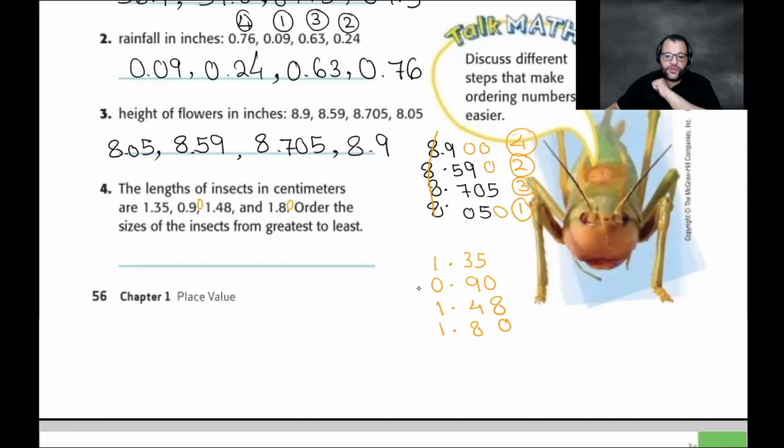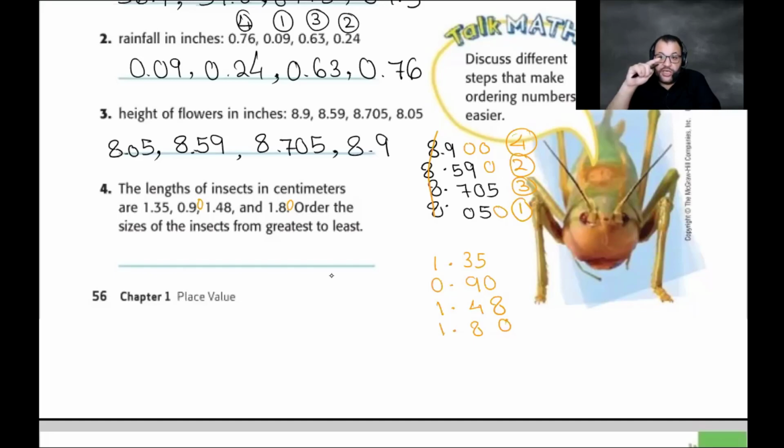All of the numbers before the decimal point are the same or different? Before the decimal point, they are the same or different? Only one is different, the 0 point. This number is greater than the others or smaller than the others?